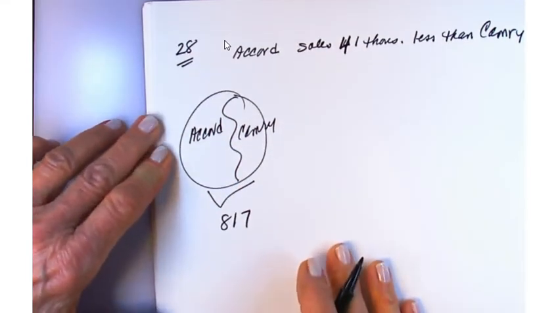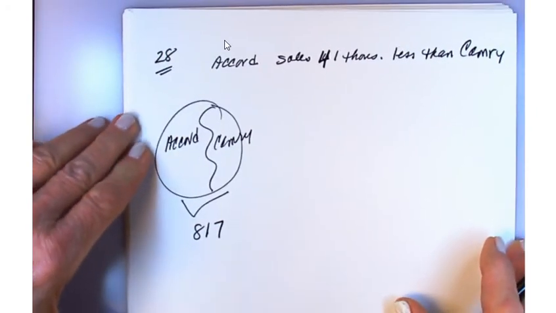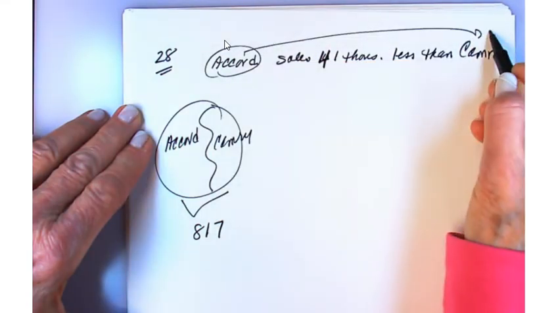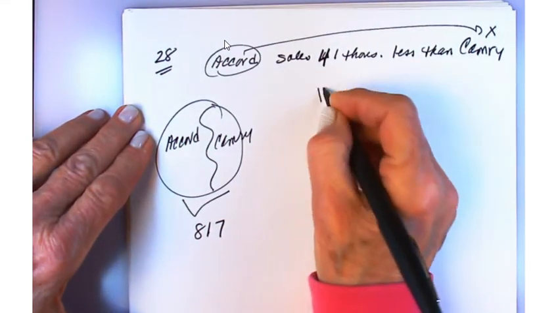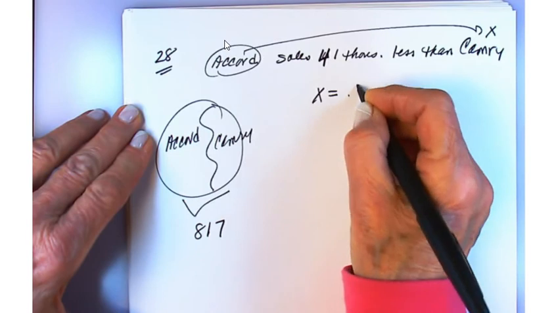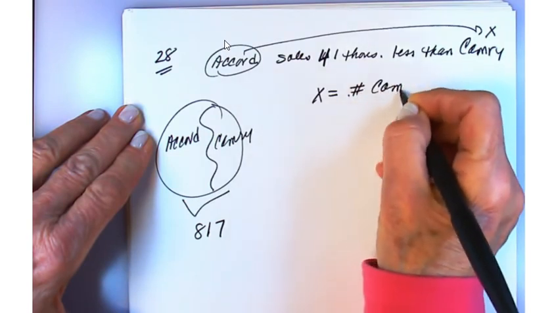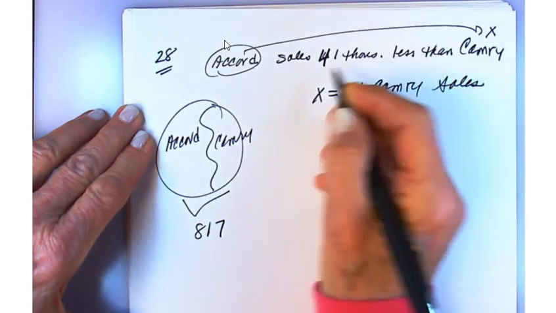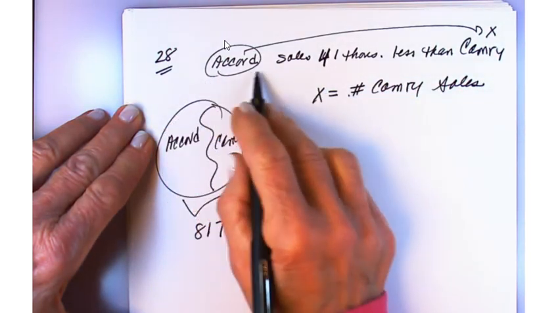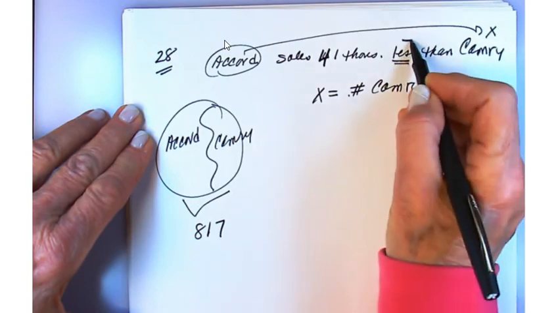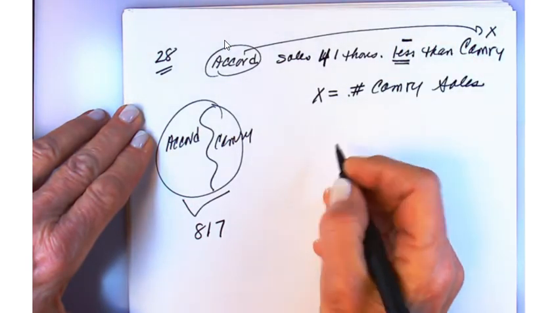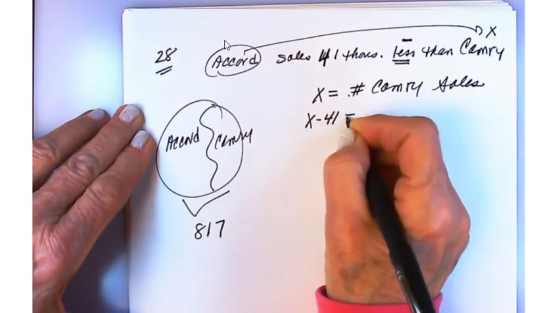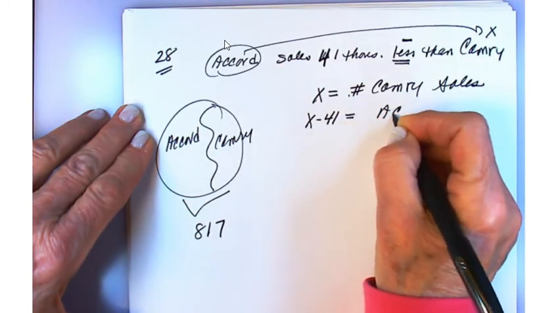So I have to decide what to let x equal. Accord is in terms of Camry, so I let x equal the number of Camry sales. And then Accord is less. Less tells me to subtract, so I'm going to subtract 41, and that gives me my Accord sales.